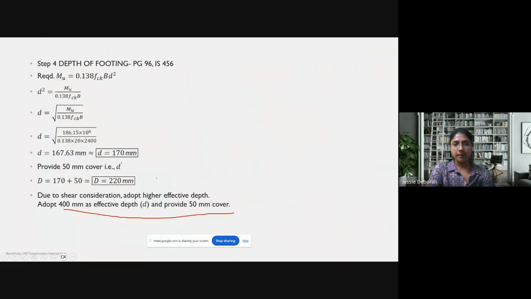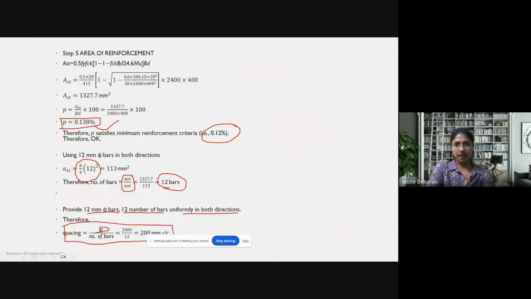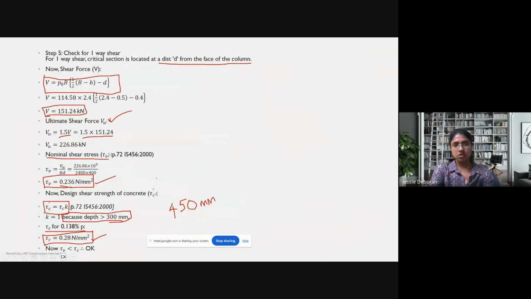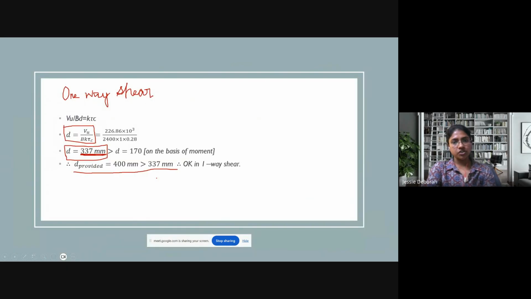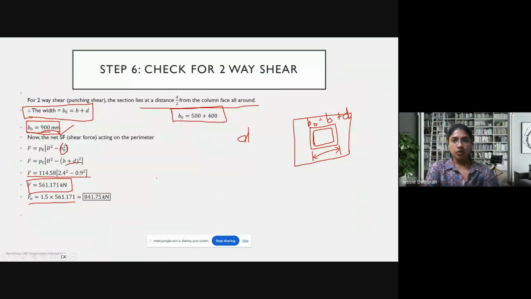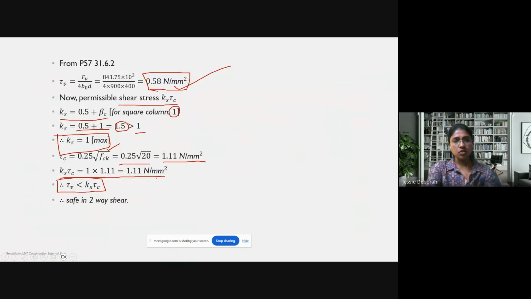Then we calculated the area of reinforcement, the spacing, and the diameter of bar we have to provide. Then we did two checks to see if whatever you have designed is correct or not. First is the check for one-way shear, then we checked for two-way shear. So whatever dimensions were given are safe for one-way and two-way shear. Any doubts?